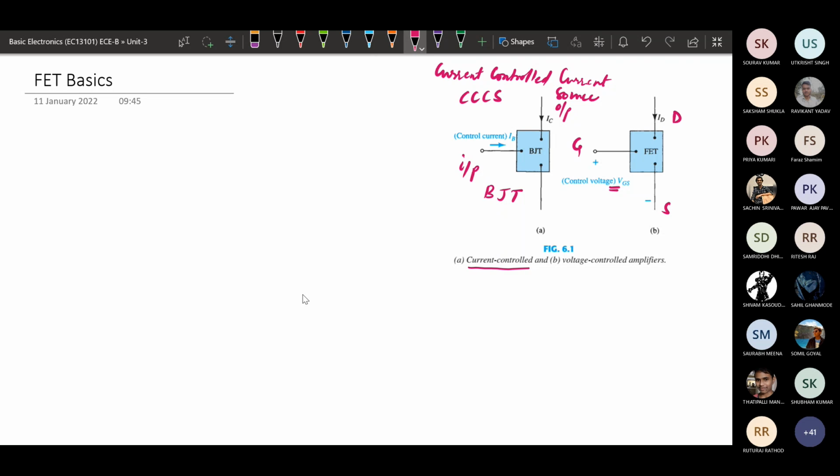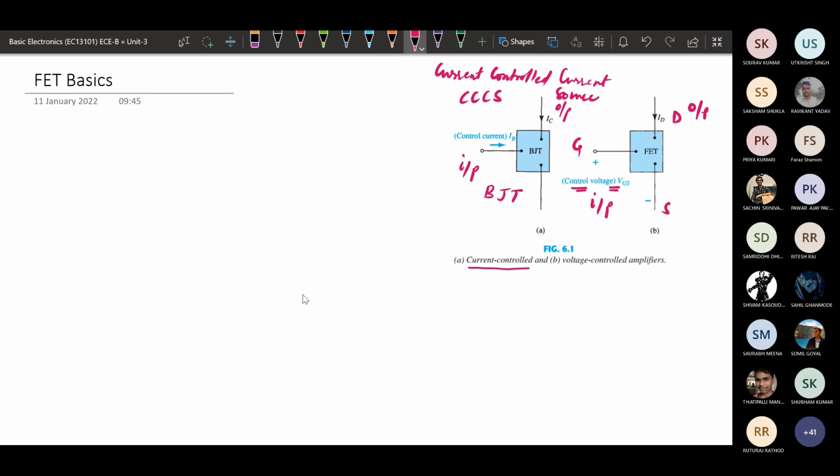On the input side we will be controlling the input voltage, VGS. Whatever input voltage is there, we will be controlling it, and with respect to that we will be getting the output current. Here we are going to control the output current similar to the BJT, but this controlling will be done based on the input voltage that we are applying on the input side.